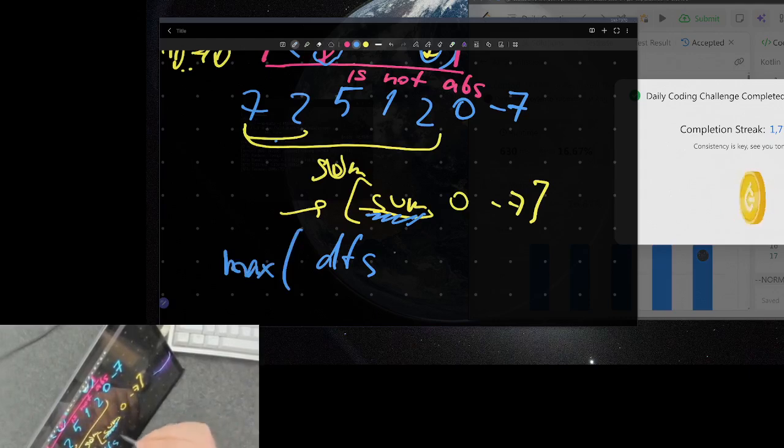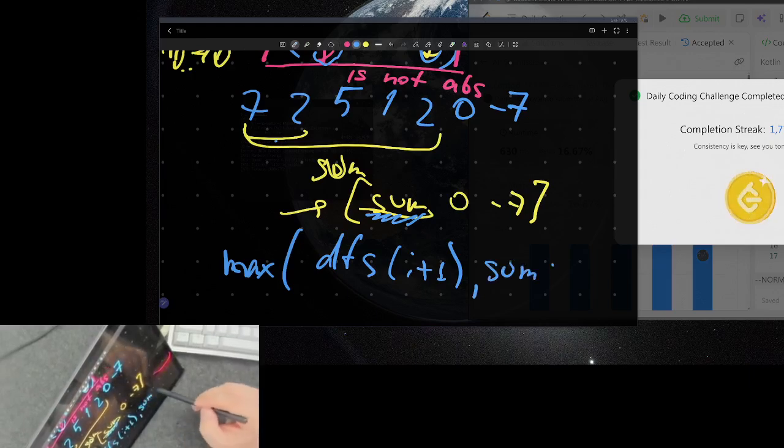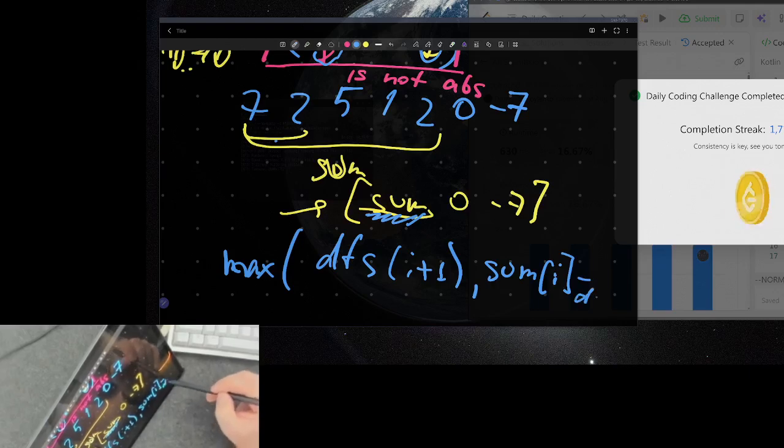If we take DFS of I plus 1, the next position, or the current prefix sum, so this sum at I minus DFS of next I plus 1, basically take or skip.